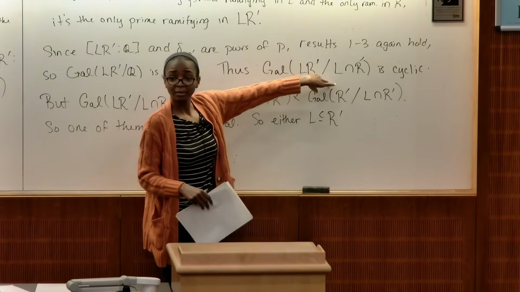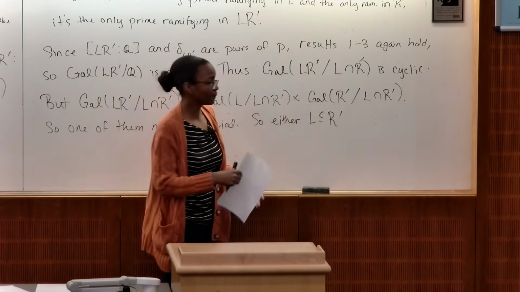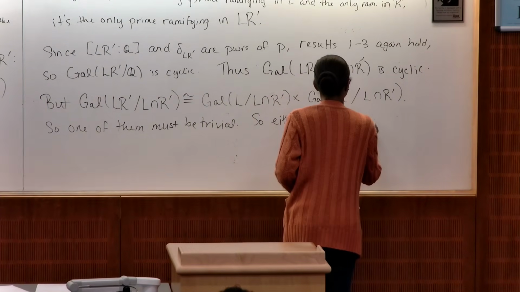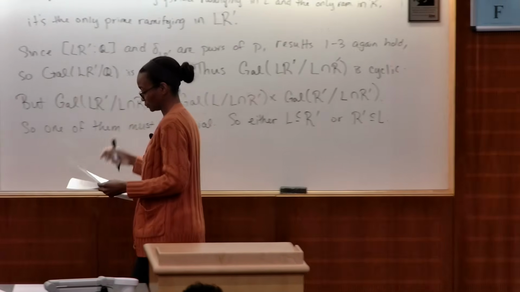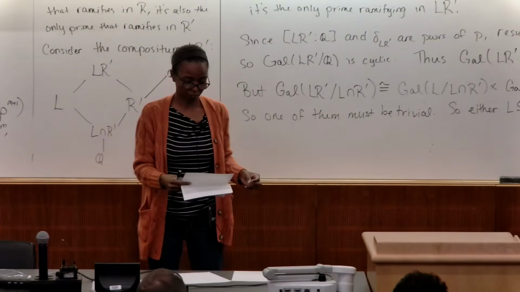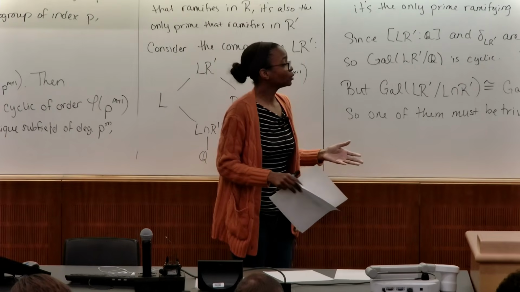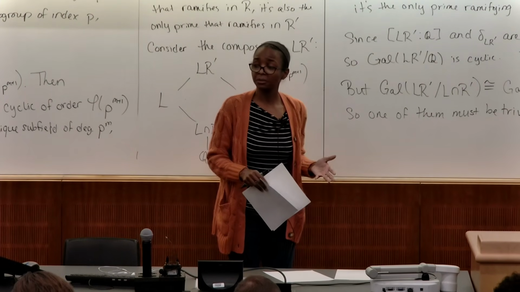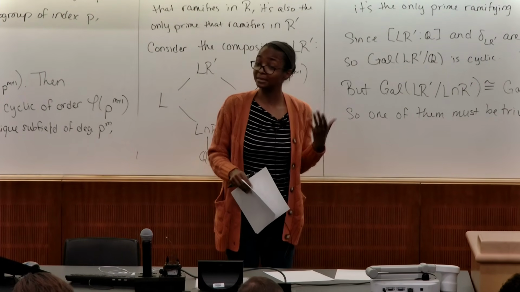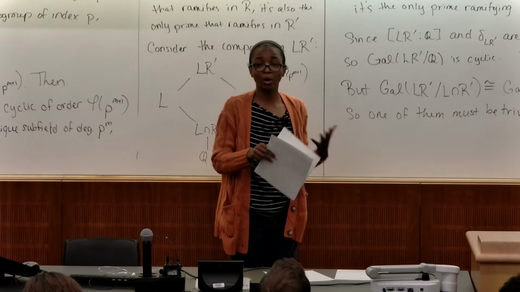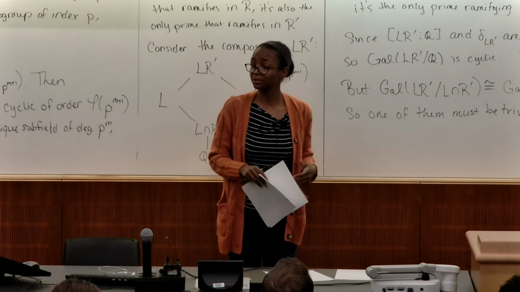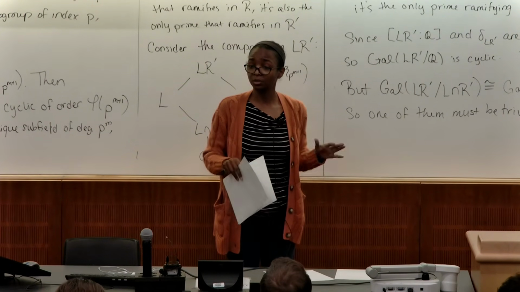Or apply the same argument here, R prime is contained in L. But I chose R prime for a reason. It's because the degree of R prime was exactly the degree of L. I've just given you two extensions, one of them is contained in the other and they have the same degree, everything is Galois, this is beautiful.